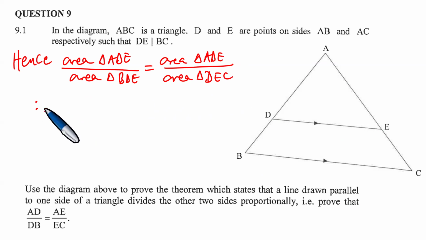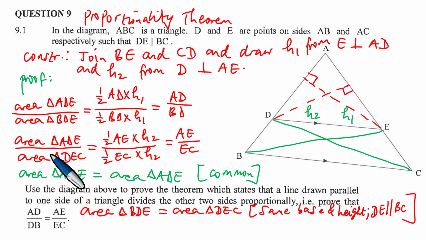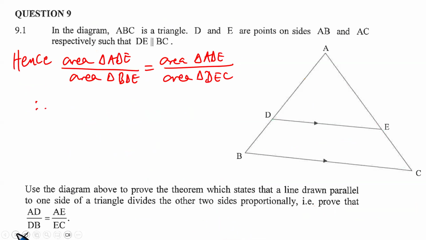In other words, we are really saying here that ADE equals ADE in area, and triangle BDE is equal to triangle DEC in area. So we have that ADE equals ADE in area, and the area of triangle BDE equals the area of triangle DEC.